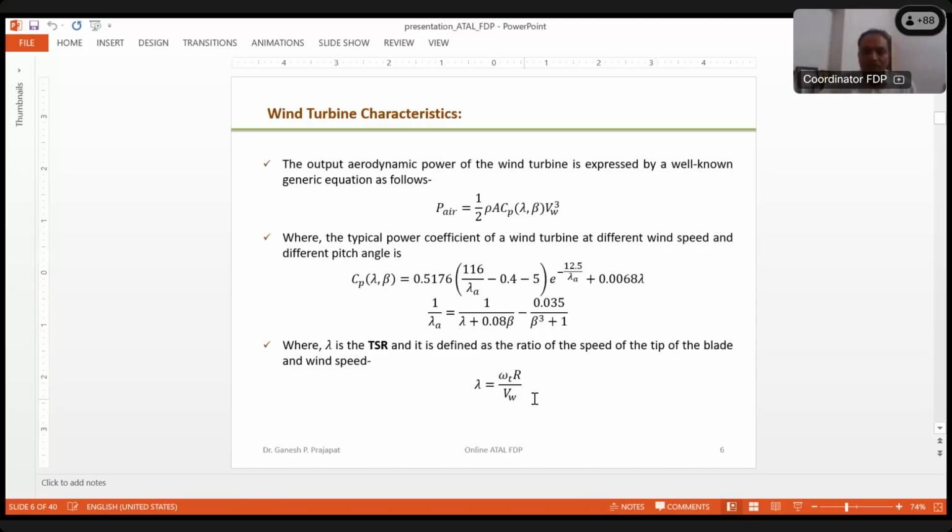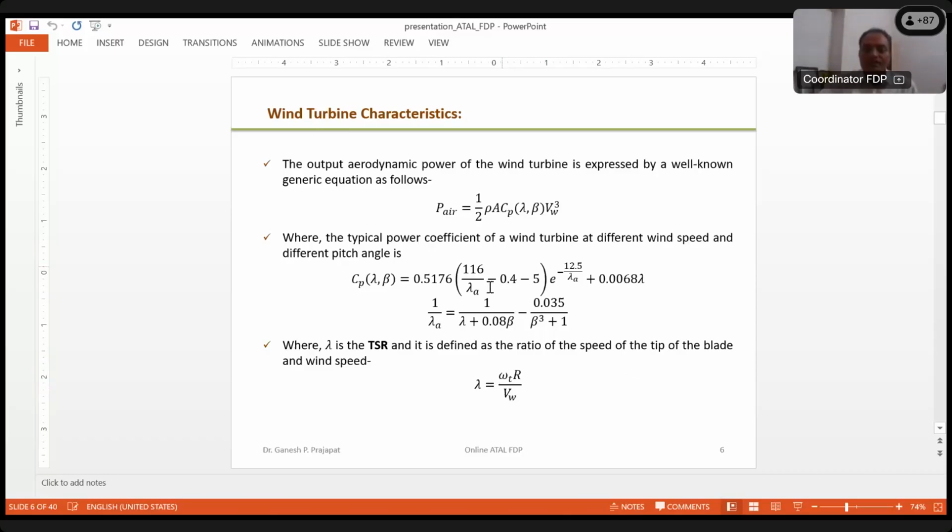Lambda is the tip speed ratio, which is given by this. Once they had created the data and plotted a curve, they fitted a mathematical function to that curve. So it is a curve fitting way, through which the experimental data has been converted into mathematical form.